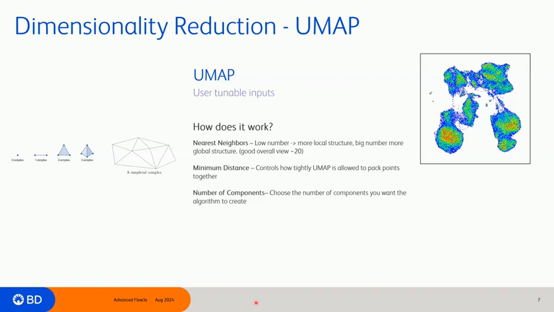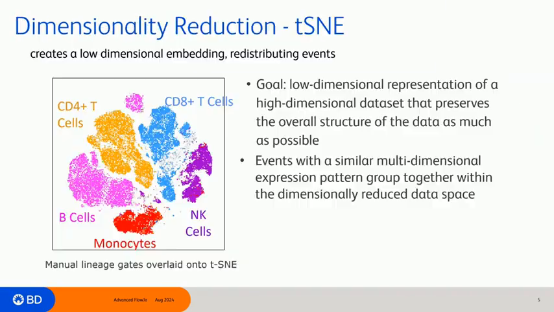Someone asked, does splitting of a cluster of the same color, for example the pink or blue one, mean unique subsets? So yeah, if we go back, like this, the B cells or the NK cells here, there's some split between those islands.